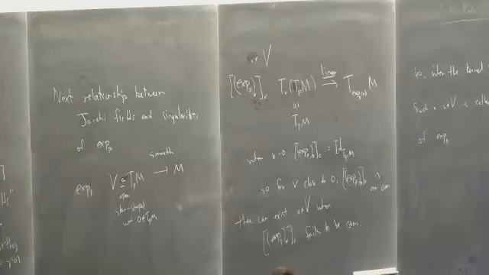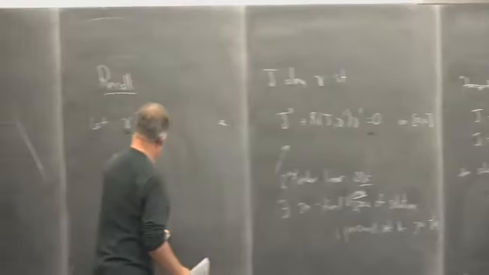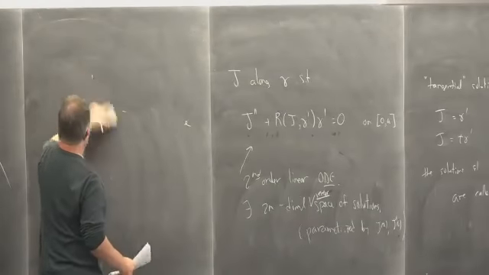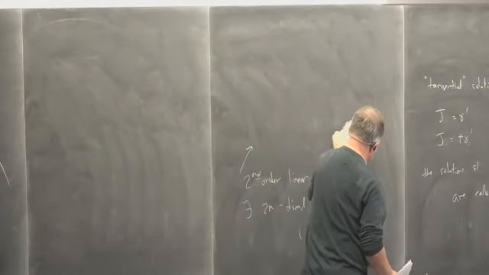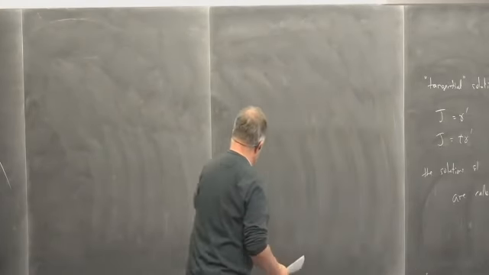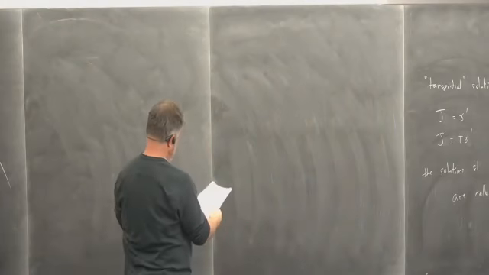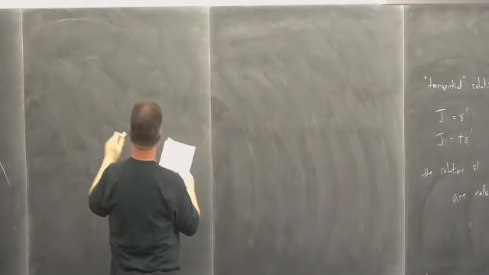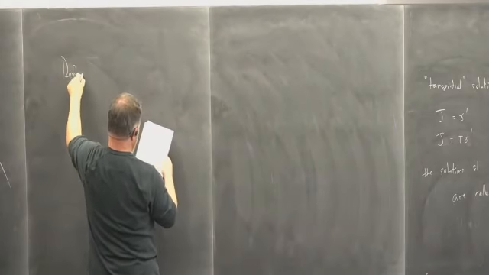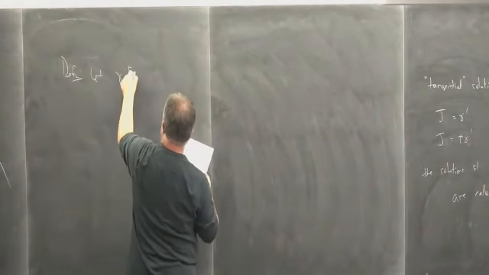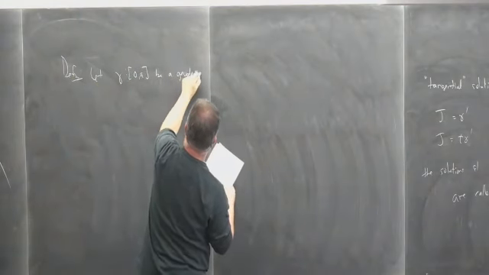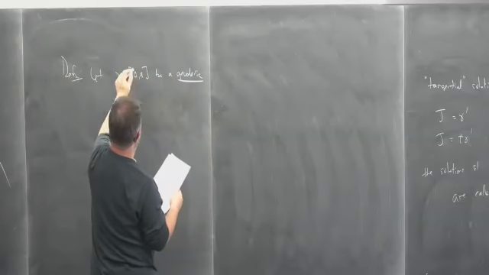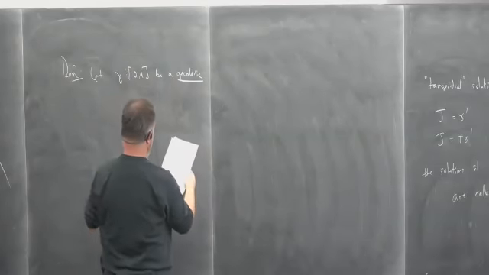Okay, so now I can state the next result, which will follow immediately from the definitions, essentially. Oh, I need a definition first. So, definition, let gamma be a geodesic. Strictly speaking, this is a geodesic segment because I've restricted the domain to some closed bounded interval.